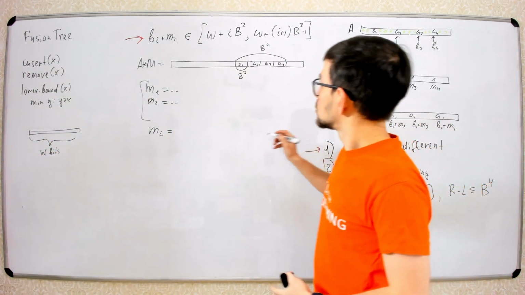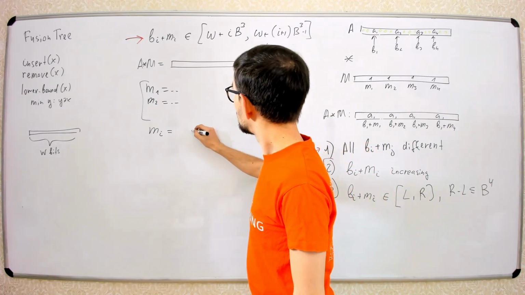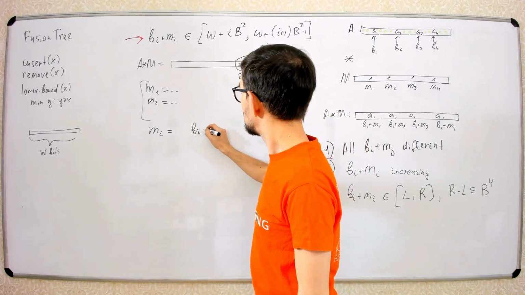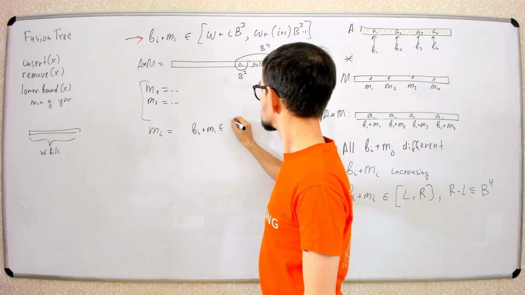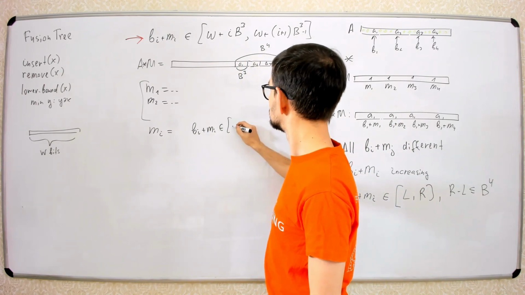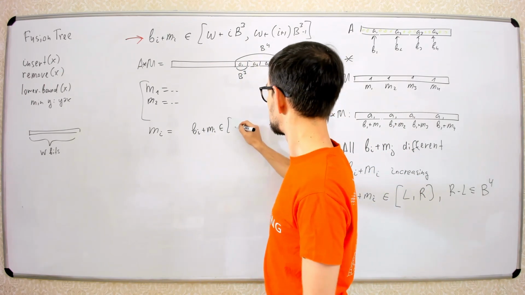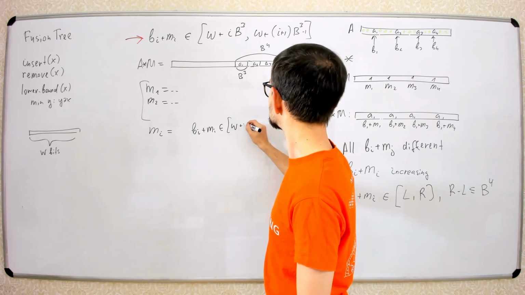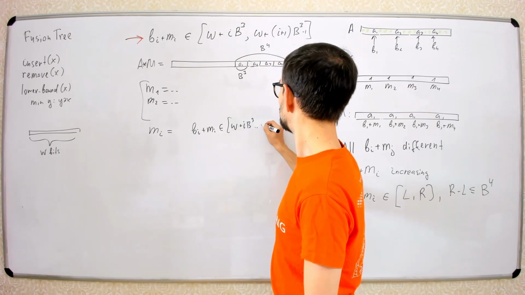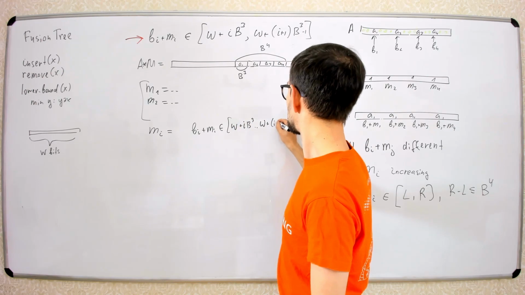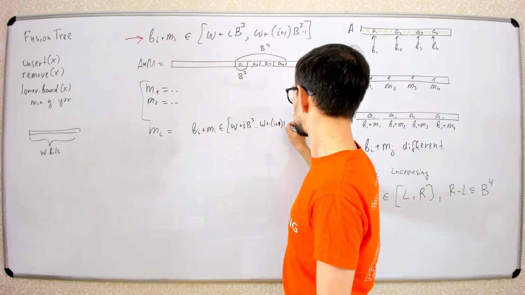So we need to have bi plus mi belong to this segment, not to some segment. Okay, W plus I B cubed to W plus I plus 1 B cubed.